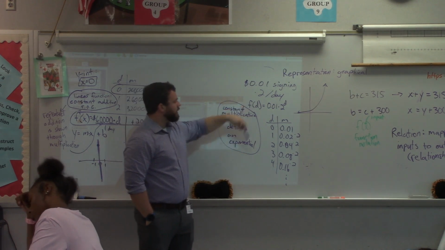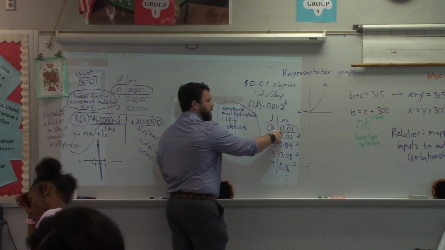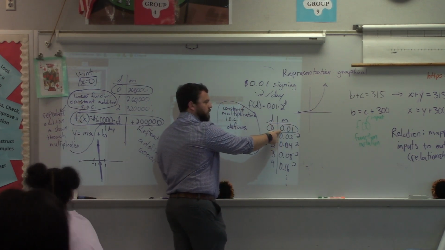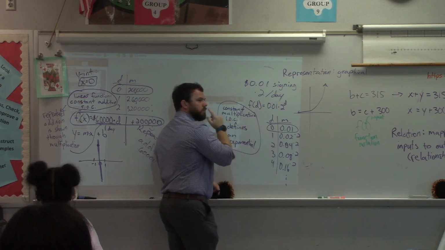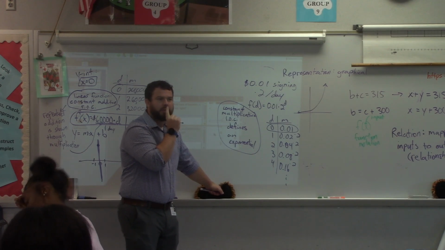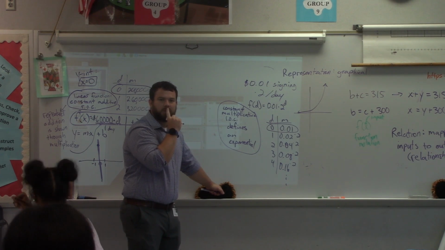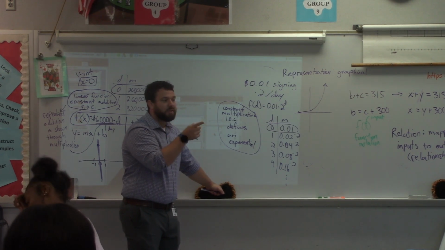It can help us write the equation because I literally see where I'm starting. Once again, what am I going to call this 0.01? That 0.01 has a very important name that we just talked about earlier with linear. It's what, Jake? Why is it the y-intercept?